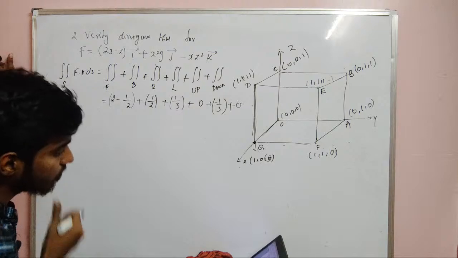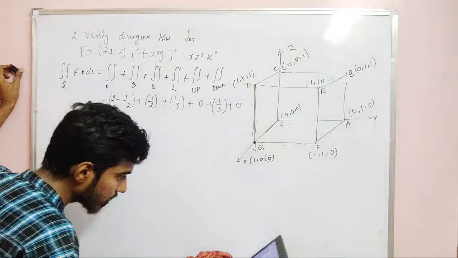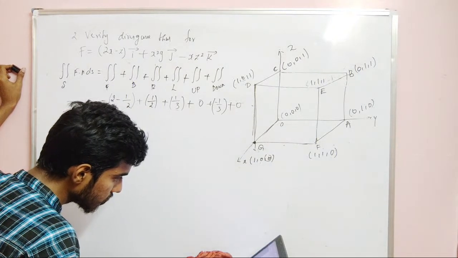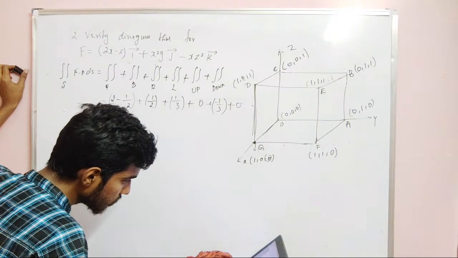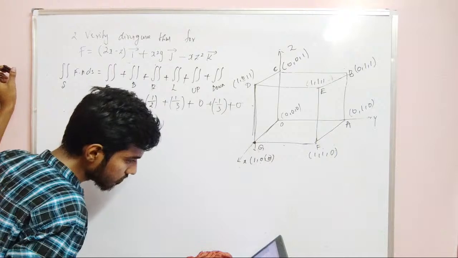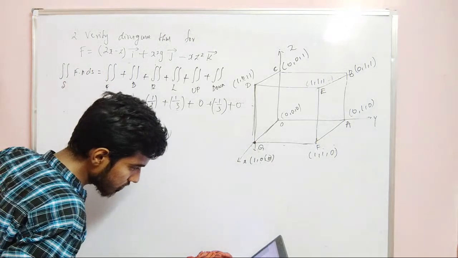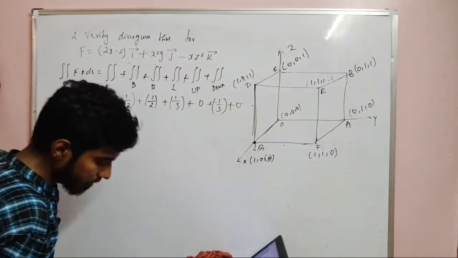I think I made some error. Actually what we have got: this is 1 by 2, and this is 3 by 2, so this is also right, and right is 1 by 3.